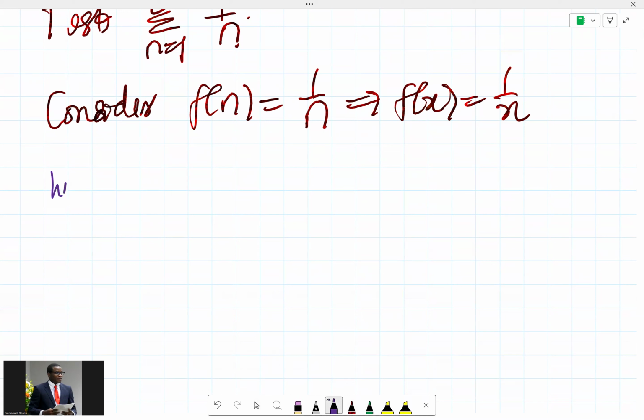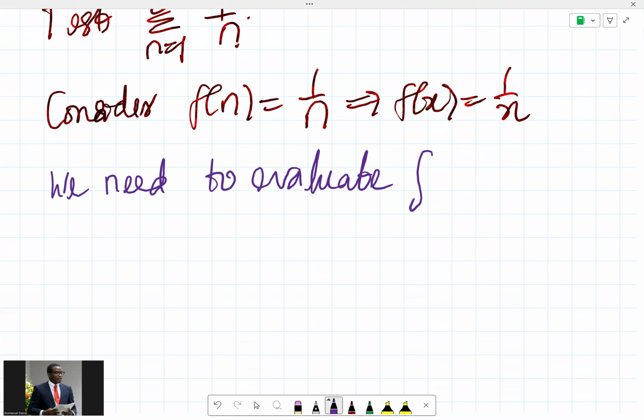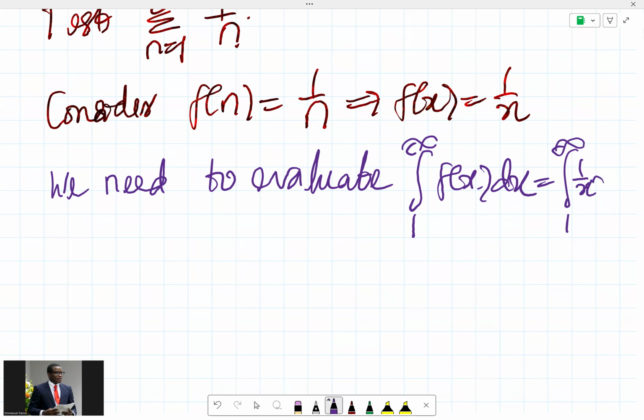the integral from 1 to infinity of f of x dx, and that is the integral from 1 to infinity of 1 over x dx.